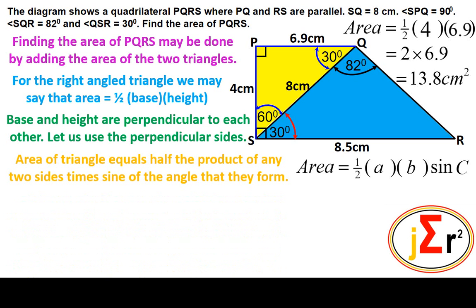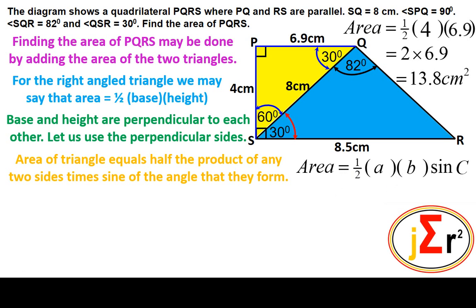Area of a triangle equals half the product of any 2 sides times sine of the angle that the 2 sides form. Area is equal to half AB sine C. What does that mean?